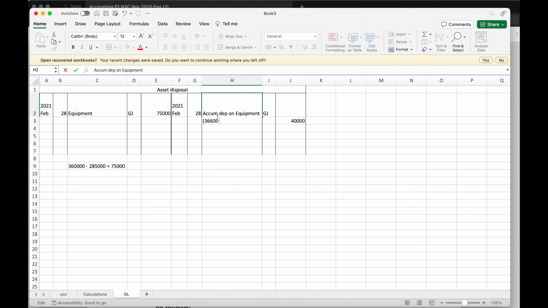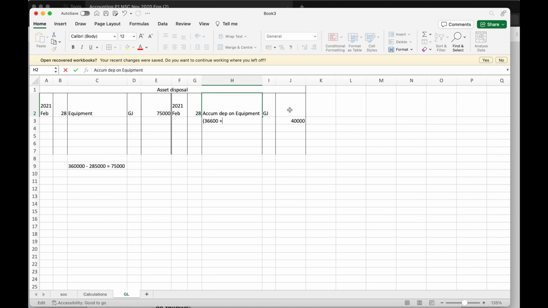We must add the depreciation from the beginning of the year until the date when the asset was disposed of, which was 1 October. So if you put this accumulated depreciation of 36,600 here, it's going to be incorrect because it's at the beginning of the year. We want it until the date when it was disposed of.